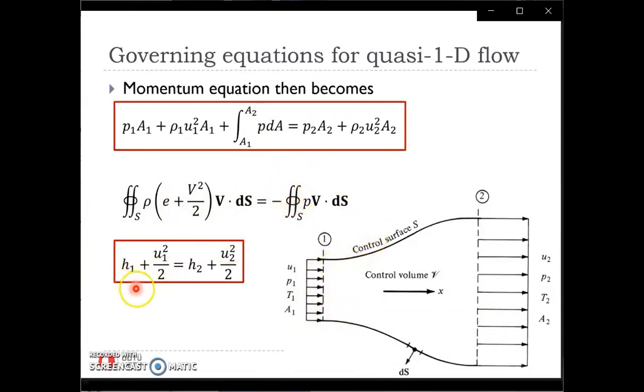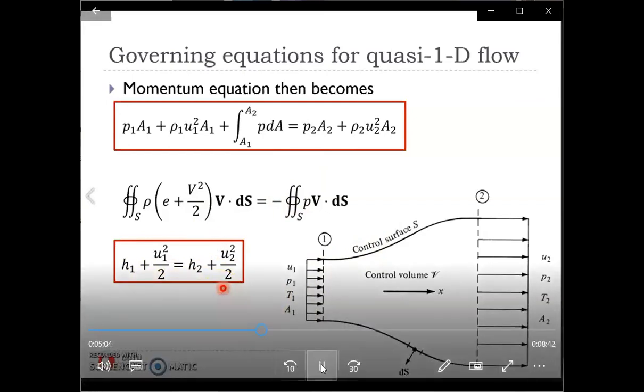So in class we derived that the stagnation enthalpy, H1 plus V1 squared over 2 at station 1, has to be equal to the stagnation enthalpy H2 plus V2 squared over 2 at station 2. So H01 is equal to H02. Of course, this can only be true if this is an adiabatic process, with no heat transfer, and there's no work done on the fluid or by the fluid.